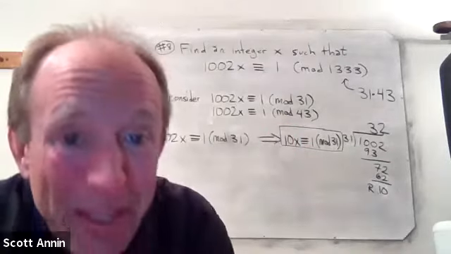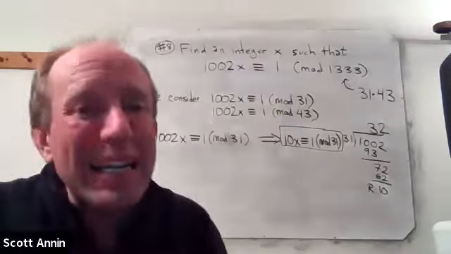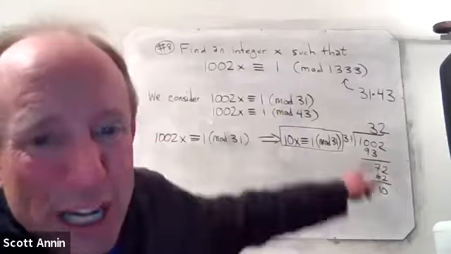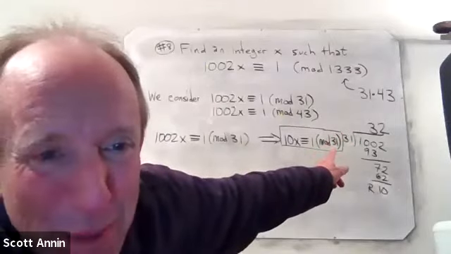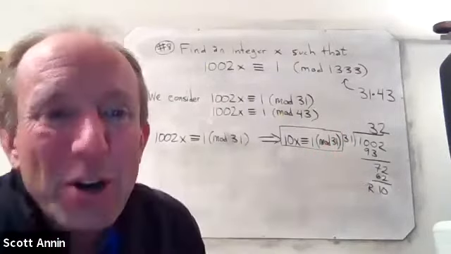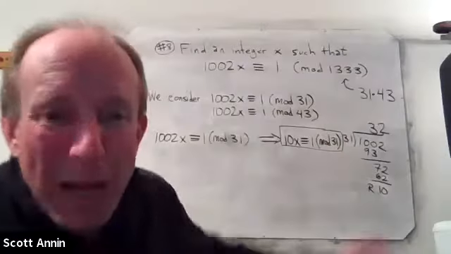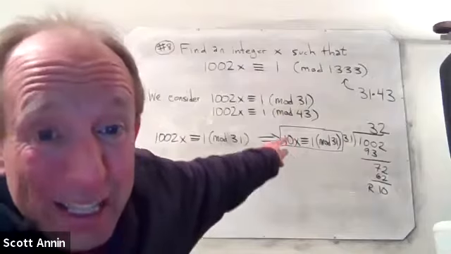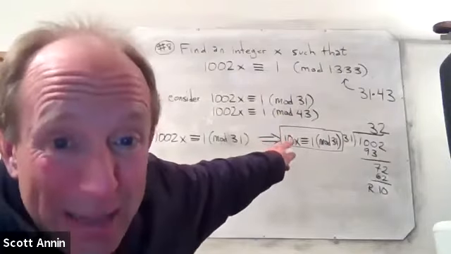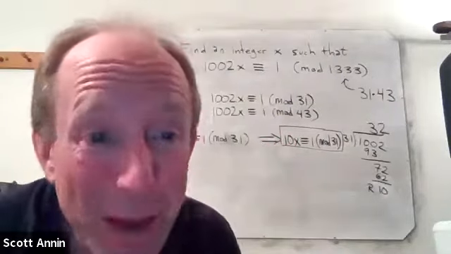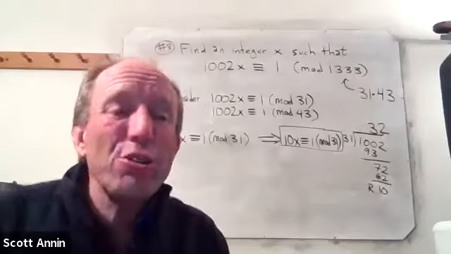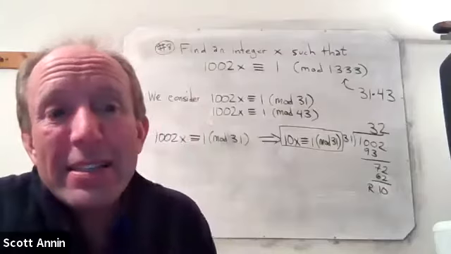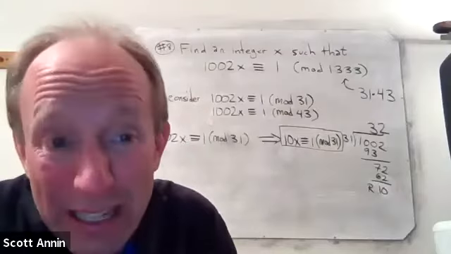We could do that. But in this case, you might just happen to know that 10 times 3 is 30, and 30 is almost the same as what your mod is. So actually, if you multiply this congruence through by -3, you'll get -30 times x, and -30 is the same as +1. So just by inspection, we can take this inverse to be equal to -3.